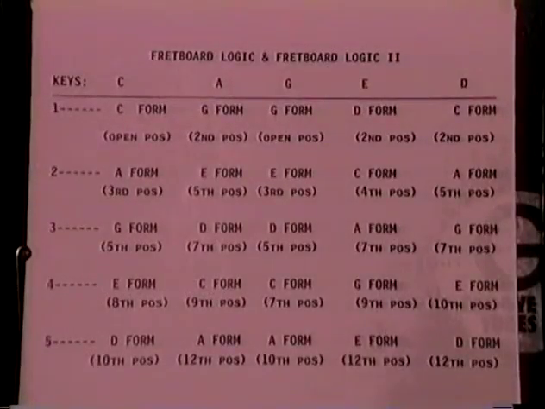I'd like for you to take a very long, hard look in review at this chart. Most of the examples I've demonstrated have been in the key of C. There's probably a good reason for that, because most everyone in a beginning stage of guitar who would like to play electric rock guitar knows the C chord, the F chord, and the G, or some variant of those three, such as C7, F7.